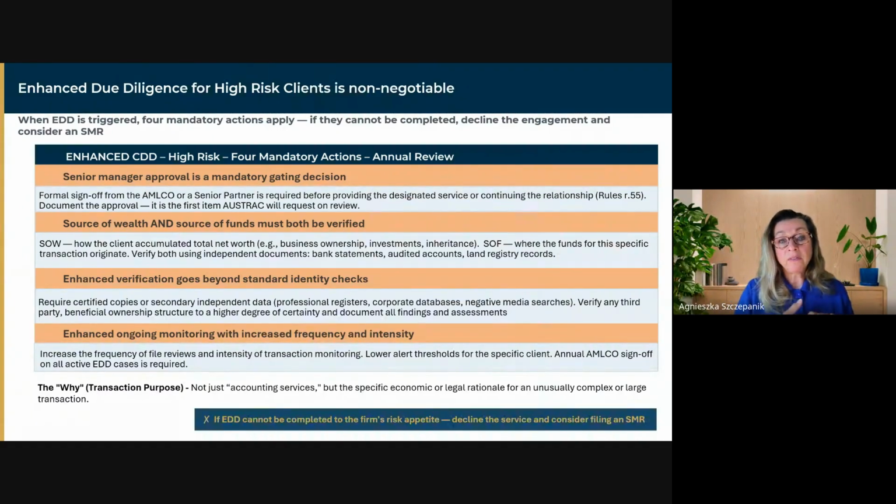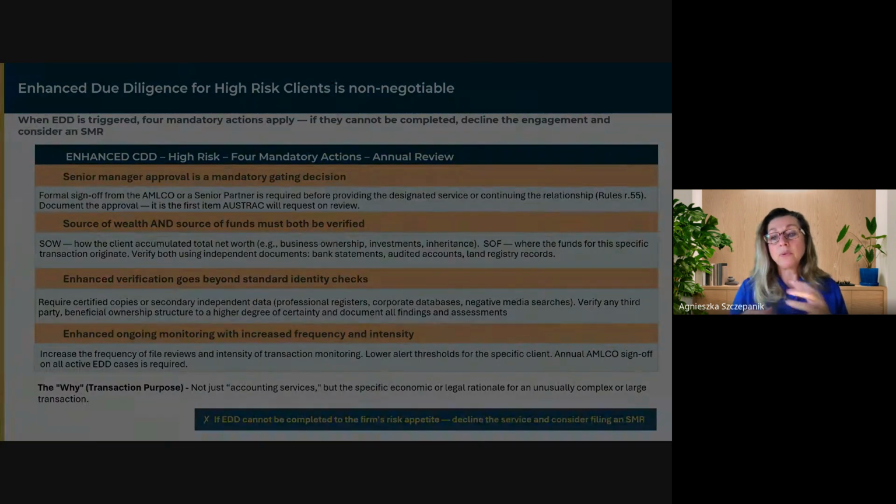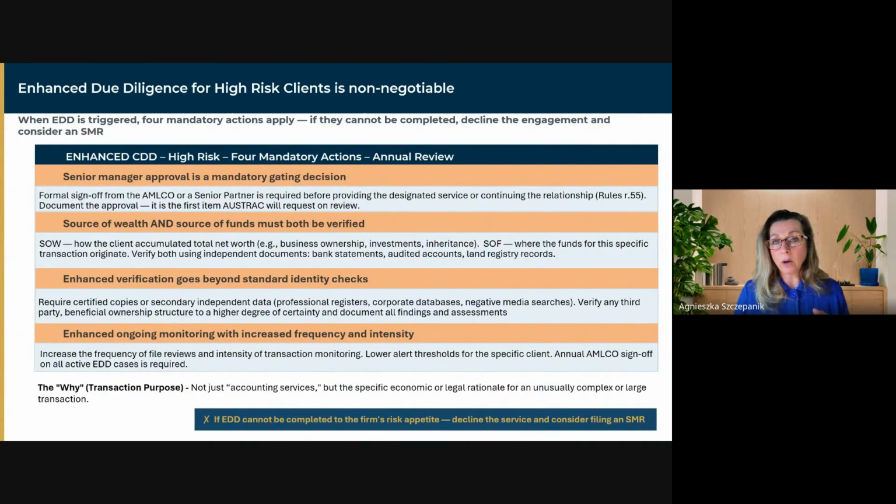So you need to verify both using independent sources such as bank accounts, audited bank statements, audited accounts, land registry records, etc. An email from your client will not suffice. Oh, hey, this was money that my mum gave me, 40 years ago. There's got to be something. There's got to be some information. There's got to be some proof of where those funds have come from.